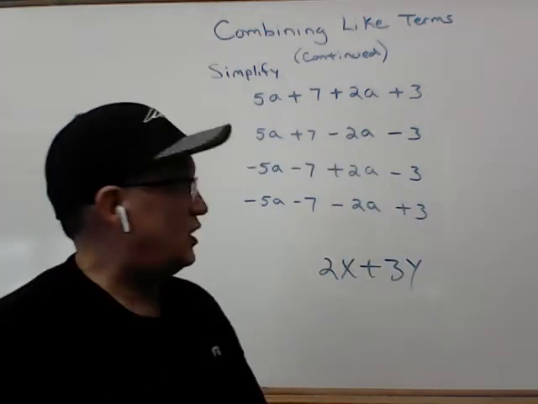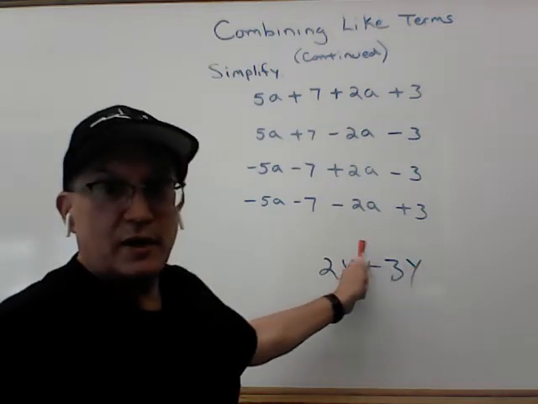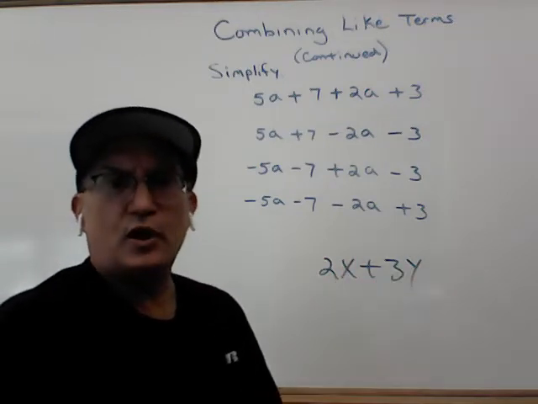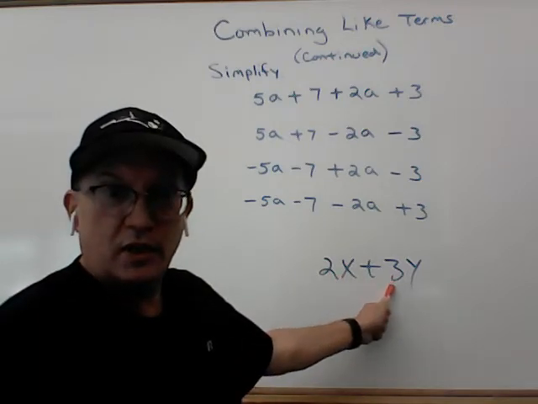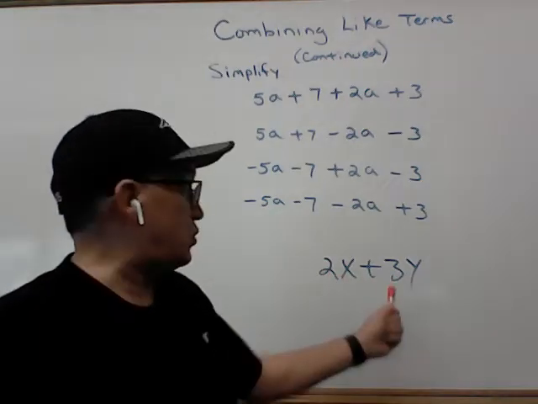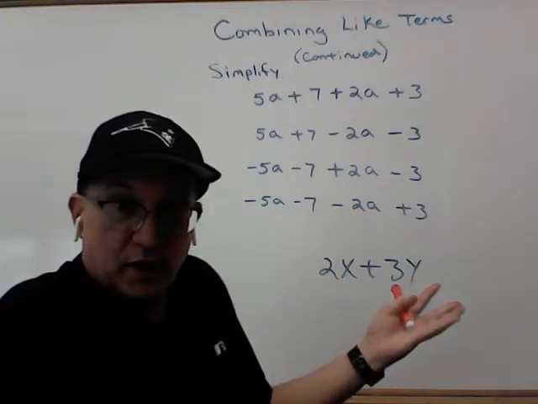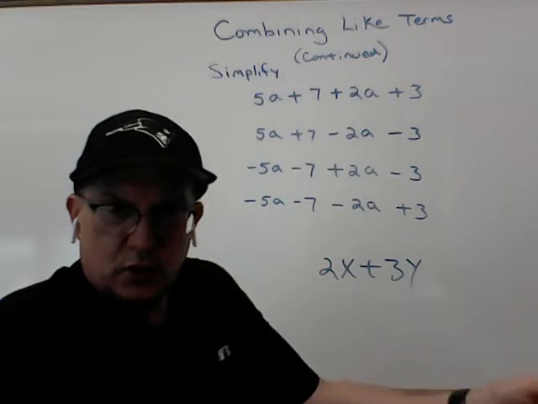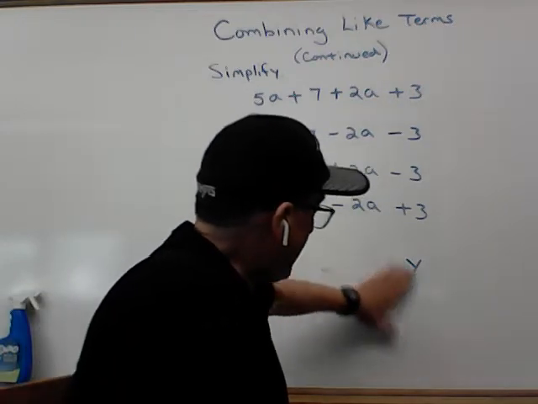It just doesn't work because there's no common factor in these 2 terms. This 2-term expression cannot be simplified. You could rewrite it as 3y plus 2x, the commutative property of addition, but it's still 2 terms, so you have not simplified.